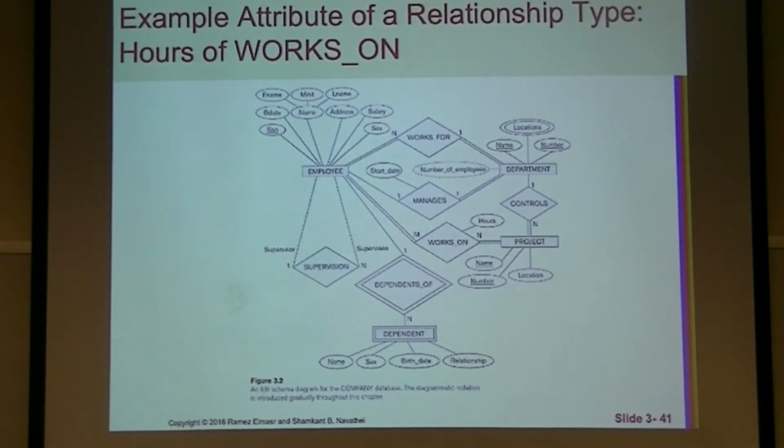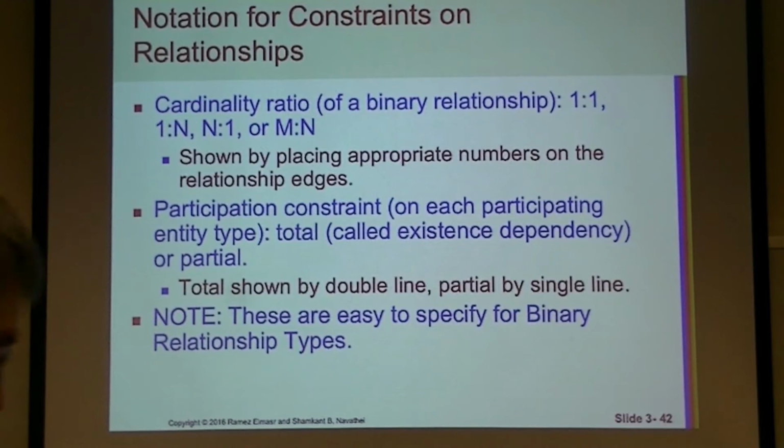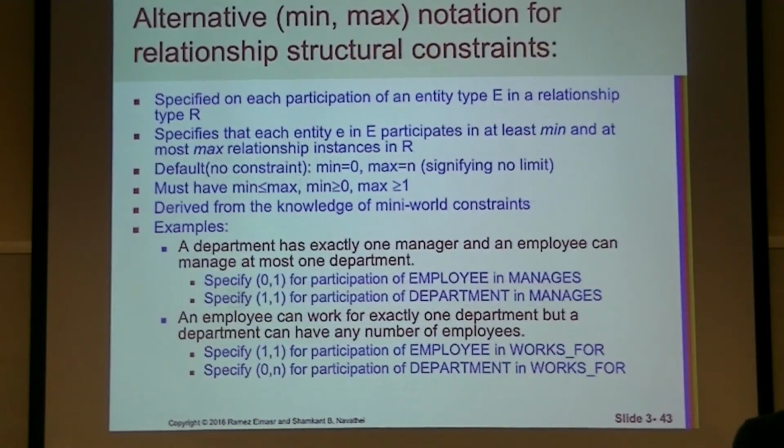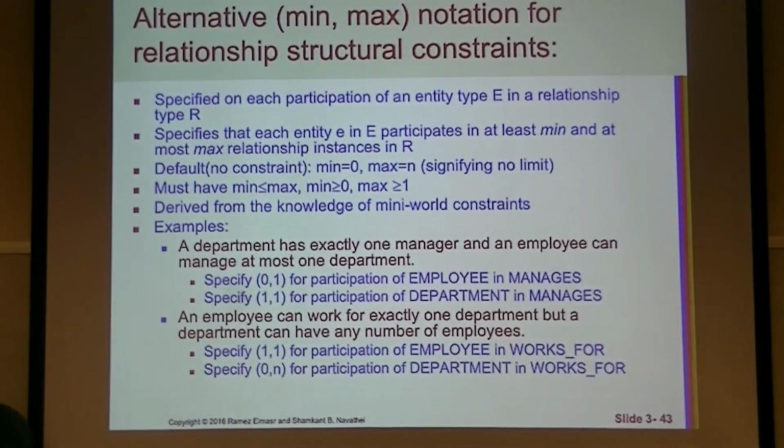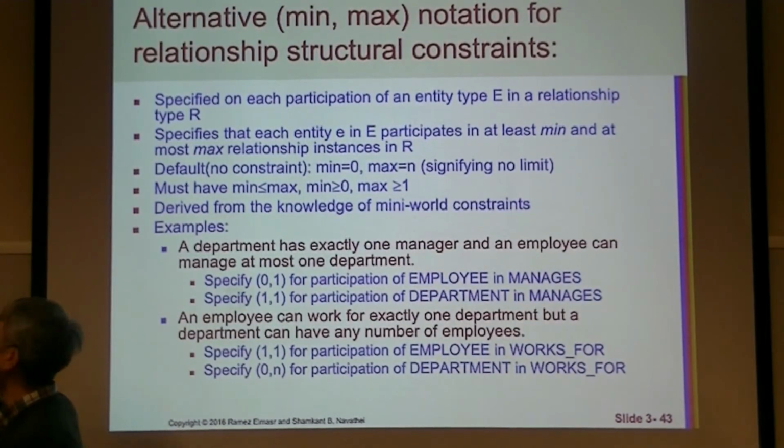So we are going to change the cardinality notation a little bit, called the min-max notation. Instead of one to one, one to many, or many to many, we specify the minimum and maximum participation of the relationship. For example, this is works for. Minimum 1 department, maximum 1 department.